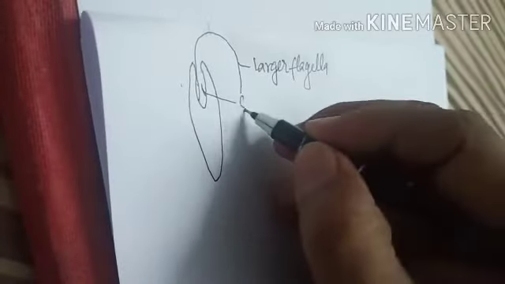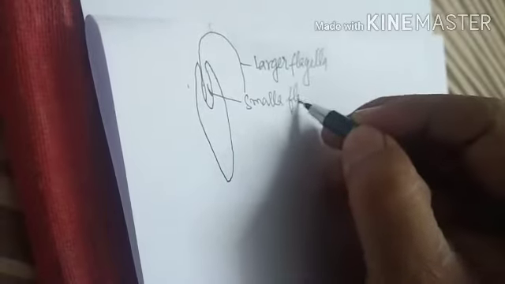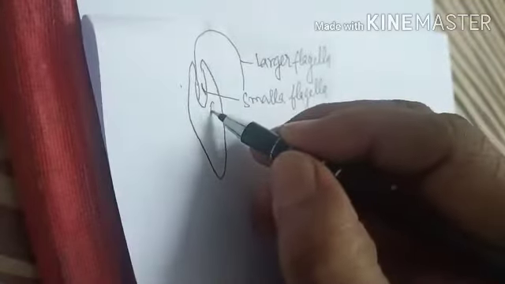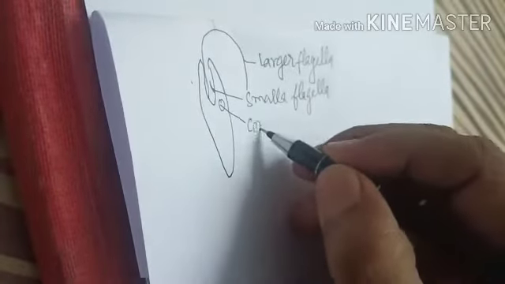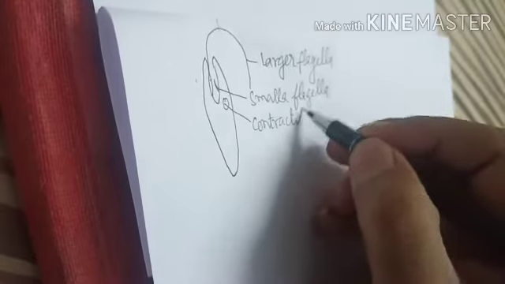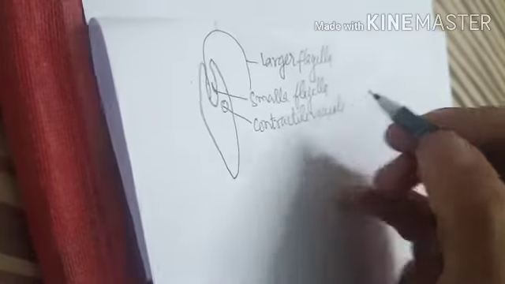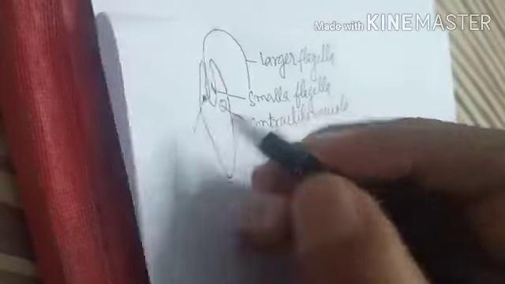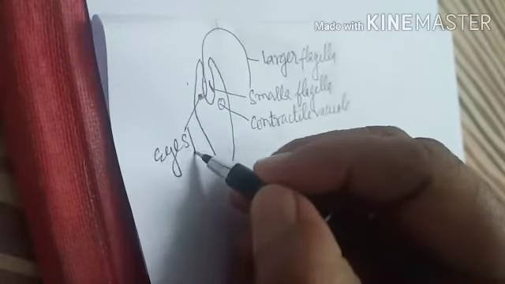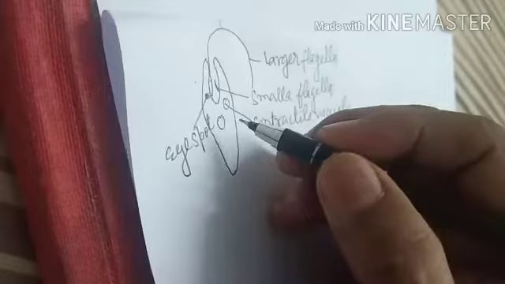This one is the smaller flagellum. Here is the contractile vacuole. Here is the eye spot. Here is the nucleus.